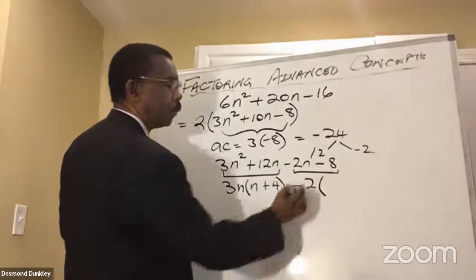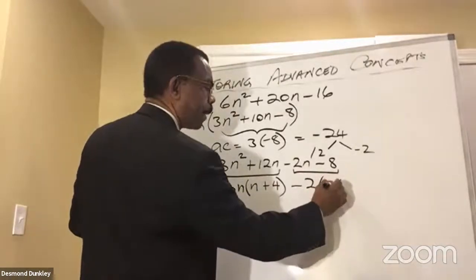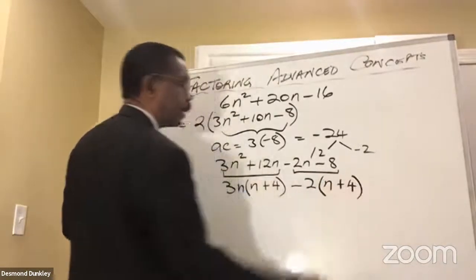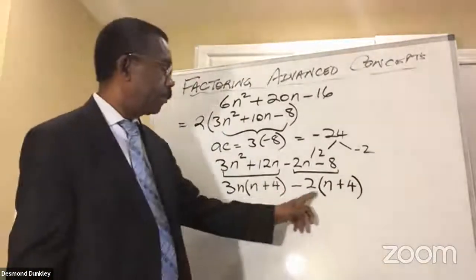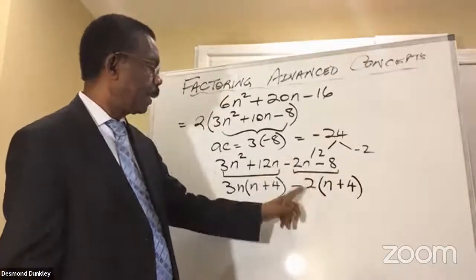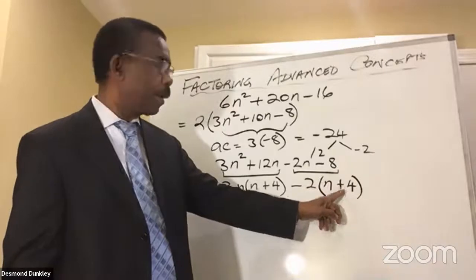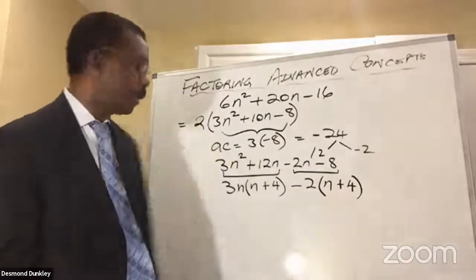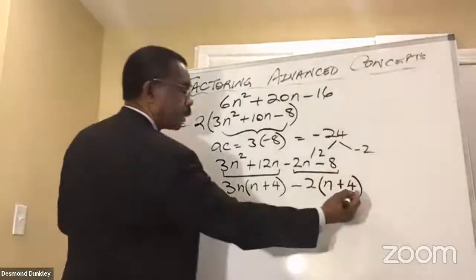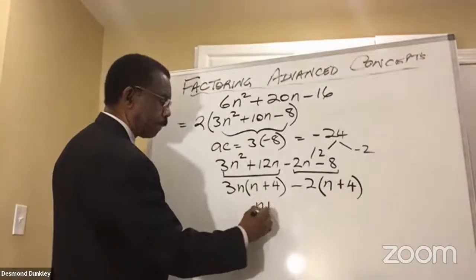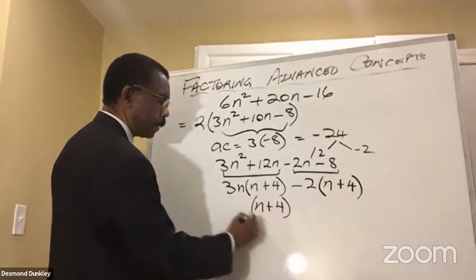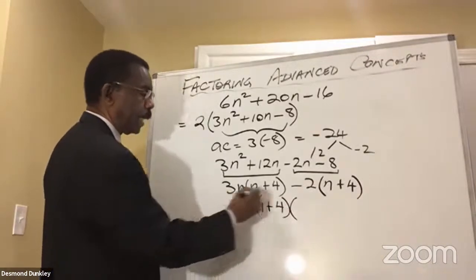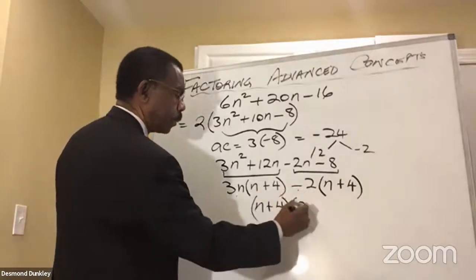Factor out negative 2, we have n plus 4. Let's check again. Negative 2 times n, negative 2n. Negative 2 times positive 4, negative 8. n plus 4, n plus 4. So therefore, the factorization of this is n plus 4 times 3n minus 2.